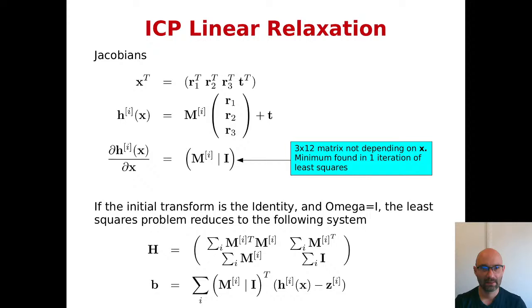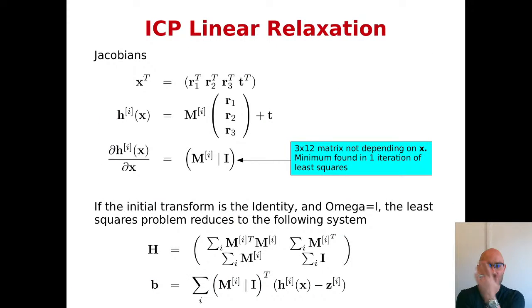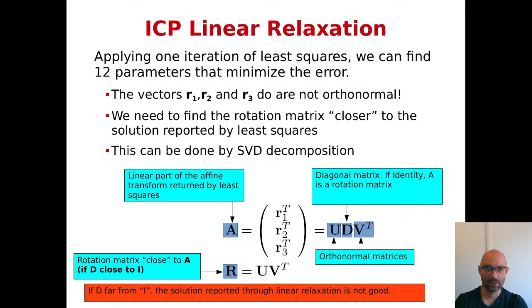Cool, right? The problem is that this variant of this relaxation that we have done on the original formulation will find a solution, but we never enforced that the solution found was a rotation matrix.